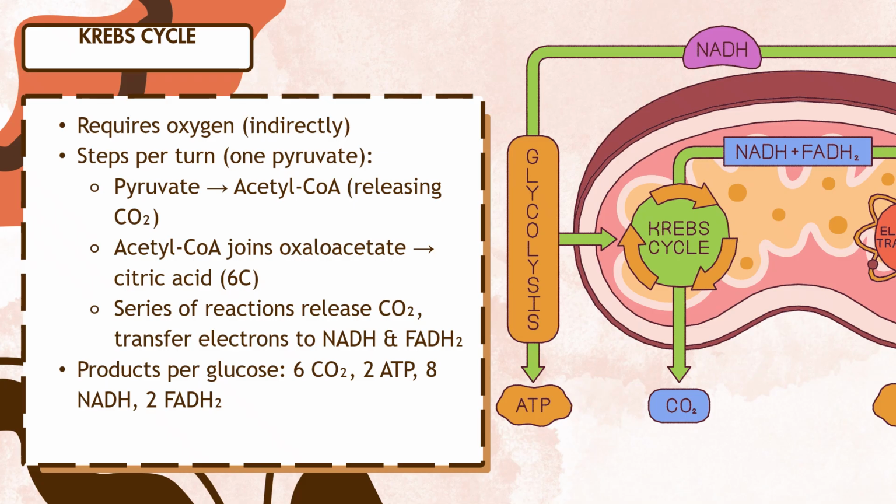The acetyl-CoA that we just mentioned actually ends up going into the cycle, and you end up having carbon dioxide produced and electron carriers ready to take those hydrogens and electrons into the next stage of this process, which is the electron transport chain.